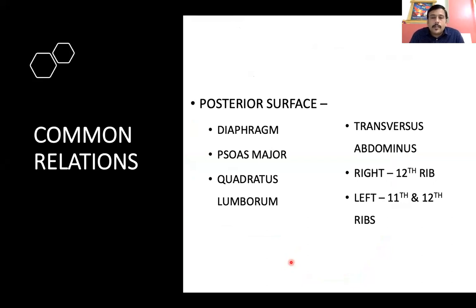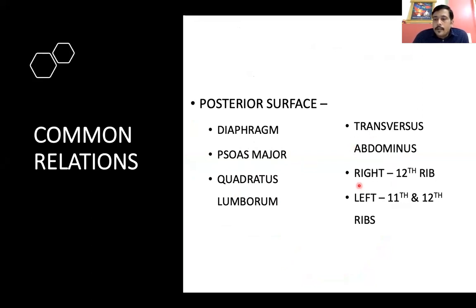Other common relations are found on the posterior surface. The posterior surface of both kidneys has these relations in common: the diaphragm, along with the medial and lateral arcuate ligaments, then the psoas major muscle, quadratus lumborum muscle, then the transversus abdominis muscle.